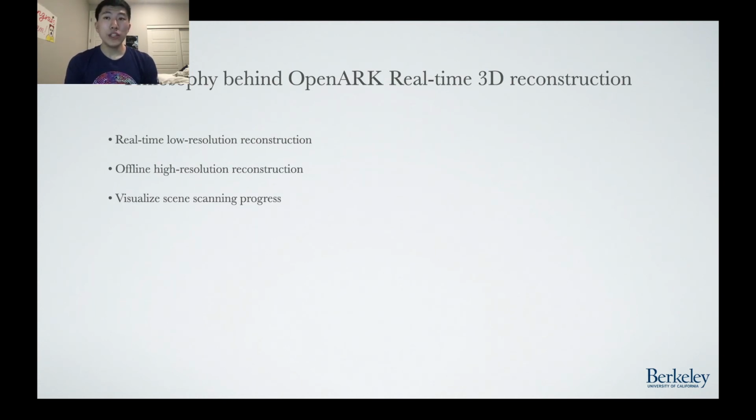This saving of data is crucial to the philosophy behind OpenARK's real-time 3D reconstruction. One of the limitations of real-time reconstruction is the rapidly increasing computation complexity when the resolution of the mesh increases. For consideration, a room constructed at a resolution of 1 centimeter may have millions of triangles, while the same room reconstructed at 3 centimeter resolution may only have 10,000 triangles, a much more reasonable number to render and integrate in real time.